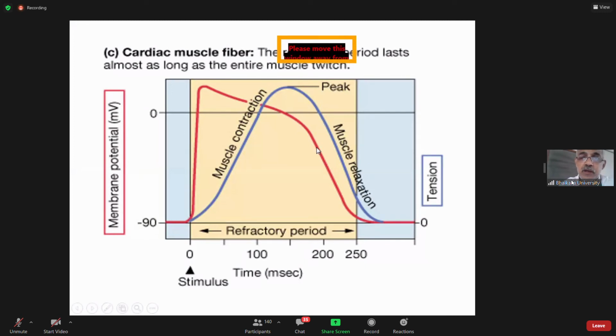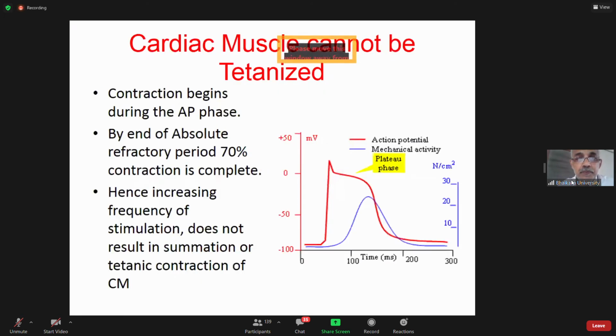Repeated stimulation will not result in summation of the action potentials. If summation cannot take place, tetany of cardiac muscle is impossible. Because of this prolonged absolute refractory period, tetany of cardiac muscle is impossible. It's a protective mechanism. Cardiac muscles cannot be tetanized.